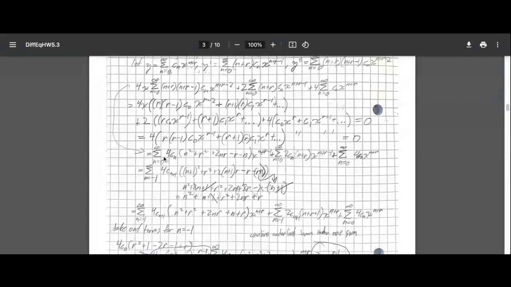I do the same thing with y prime and just y. The next step is to put in the x from the first term of my equation. Notice how the exponent goes from n plus r minus 2 to n plus r minus 1, because there's an extra factor of x now in there.